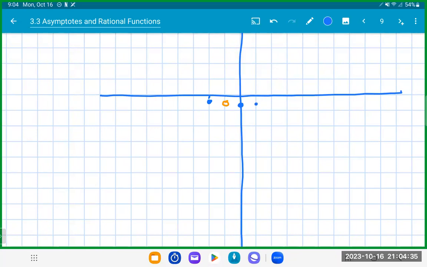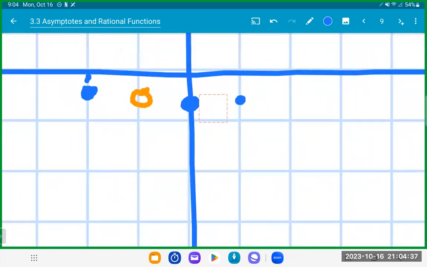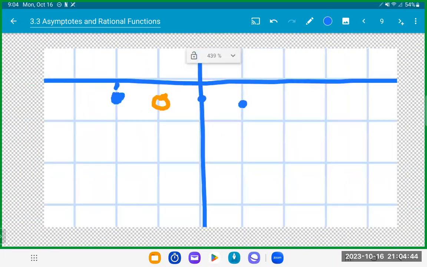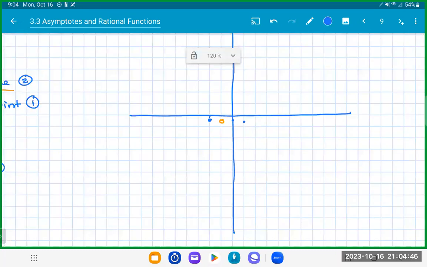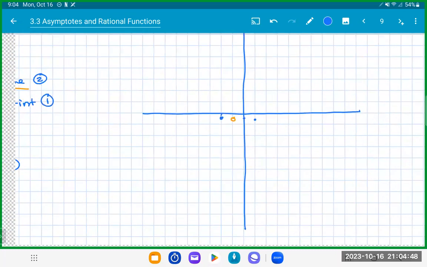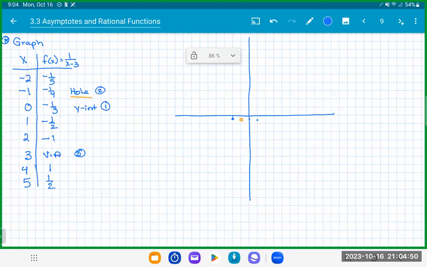If this is 1/2, this is more like 1/3. Okay. And what else do we have? We have 2, -1. Here's 2, here's -1.